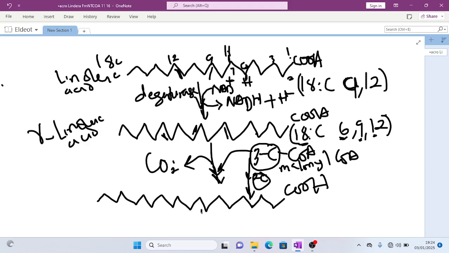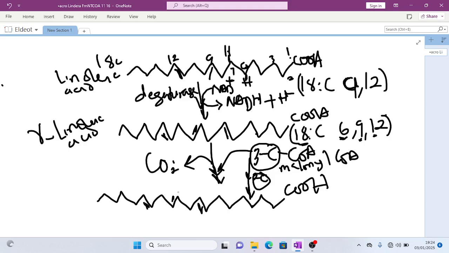The next unsaturation will be on 11, that's 9 plus 2, 11. This is 9, 10, 11. And then the next, this is 12, 13, 14, the next unsaturation will be on carbon 14.